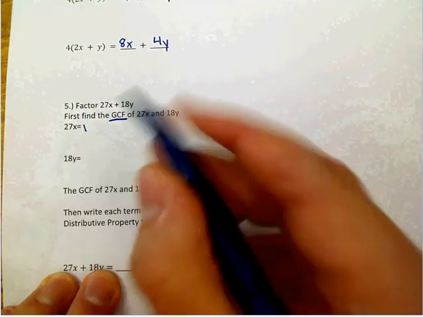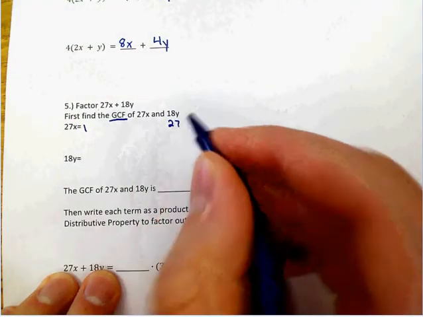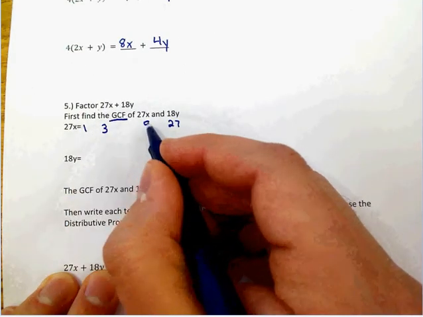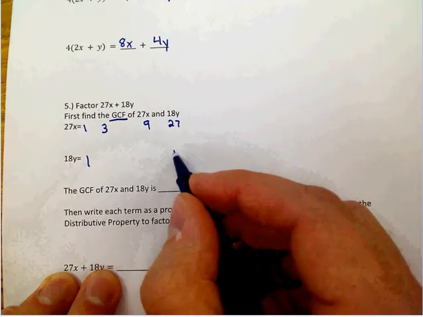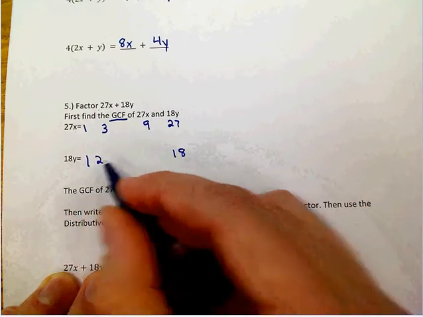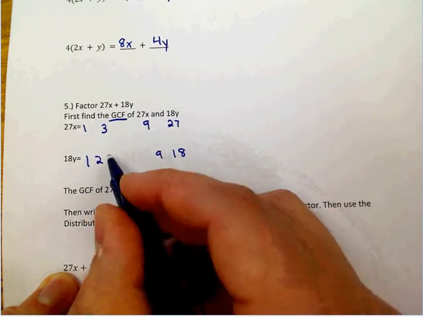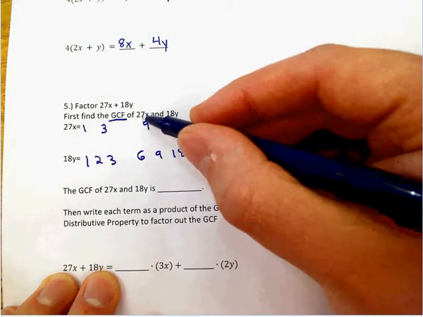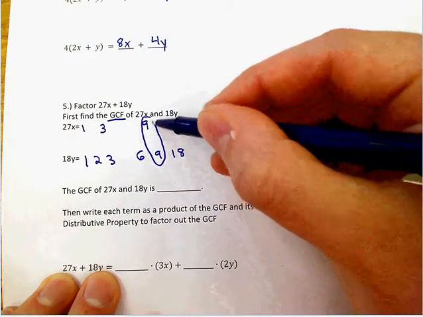So the factors are 1 and 27, 3 and 9. Here we have 1 and 18, 2 and 9, 3 and 6. So the greatest one that they have is 9.